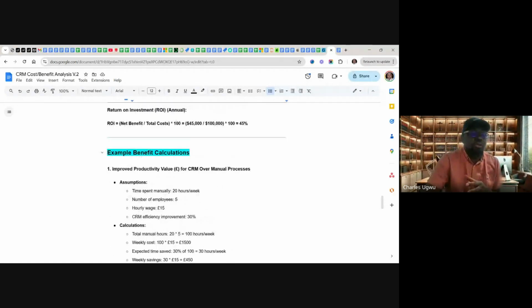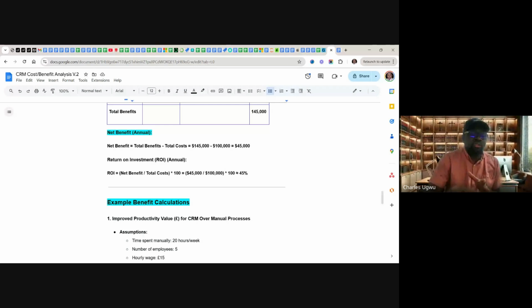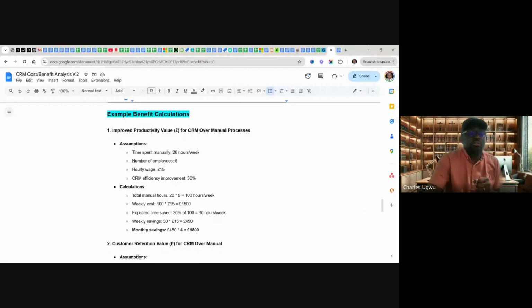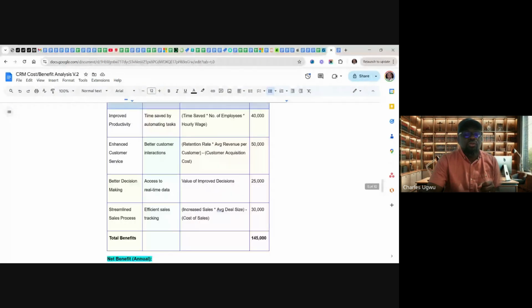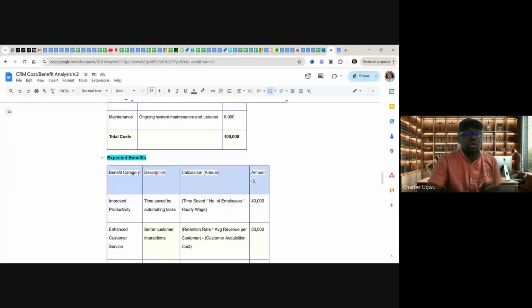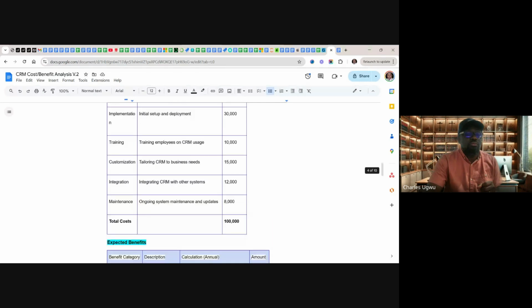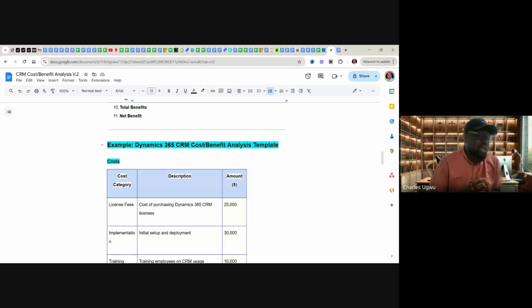There are some other values, so I'm still trying to get more value conversion, but these are the closest formulas we have for now, which can help all of us. So that is how to perform cost-benefit analysis.